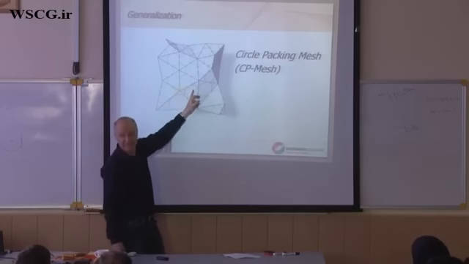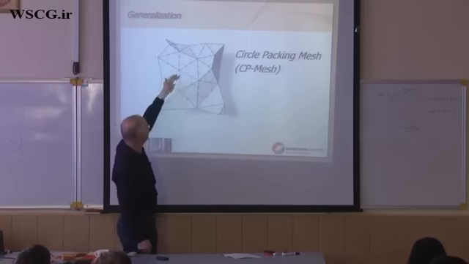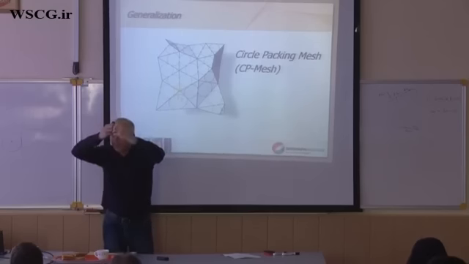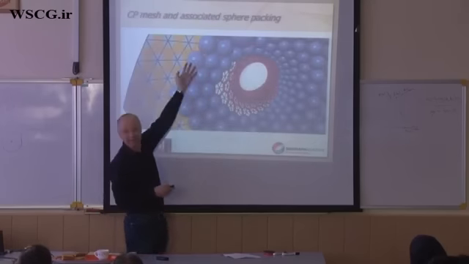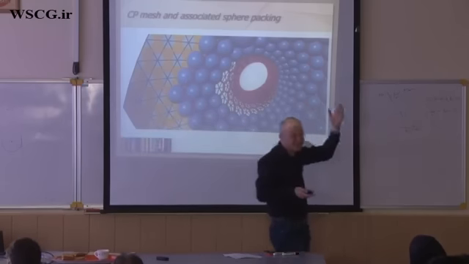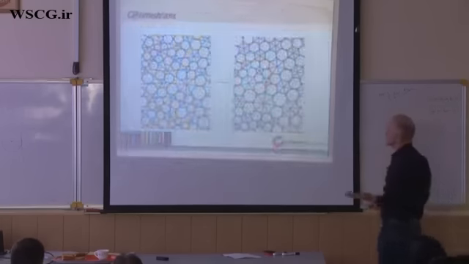I also have a sphere, right? I have a sphere here, and two adjacent spheres meet at this point in contact. So associated with an in-circle packing, we have a precise sphere packing in space. So somehow the circle packing generalizes here to a sphere packing. And the circles are just this in-circle packing.